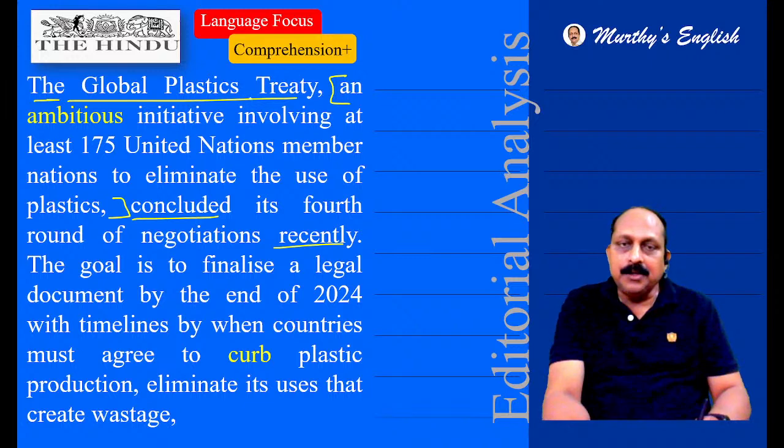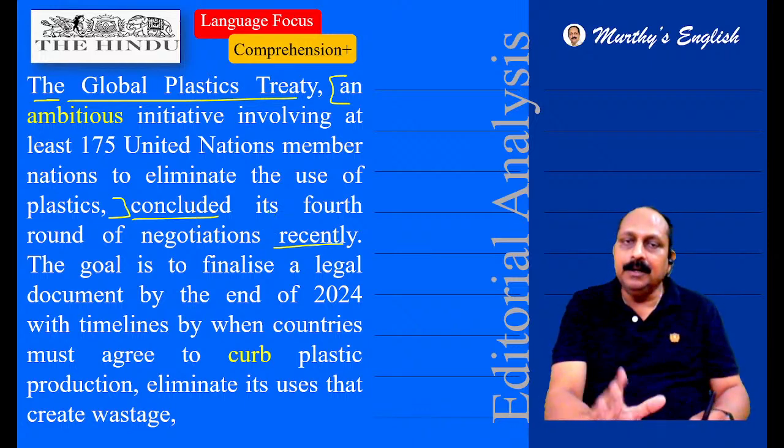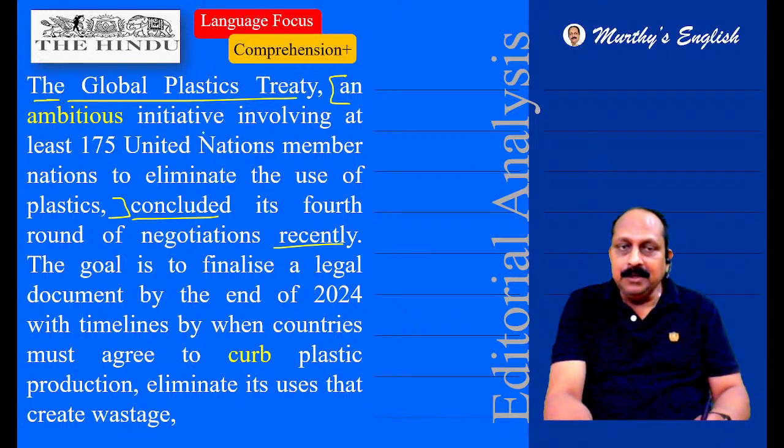The Global Plastics Treaty concluded its fourth round of negotiations recently. This is the main idea. But additional information in the form of a phrase: an ambitious initiative involving at least 175 United Nations member nations to eliminate the use of plastics.